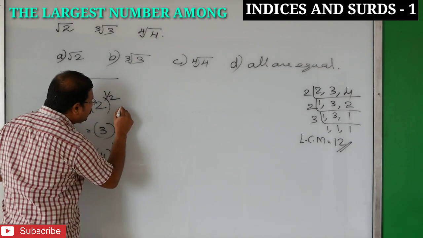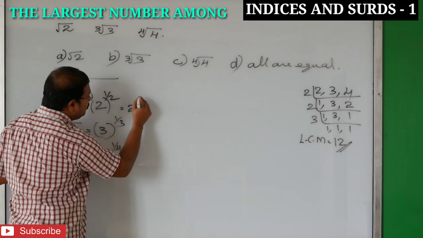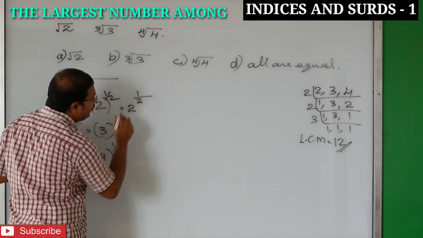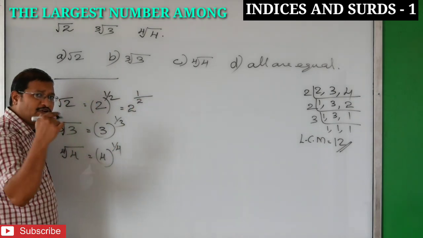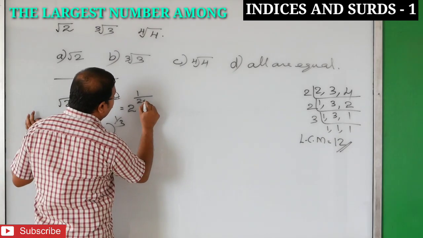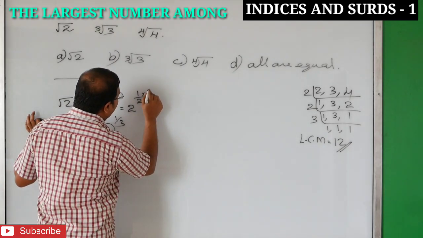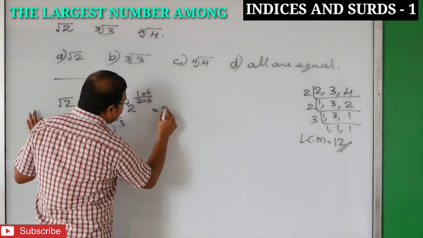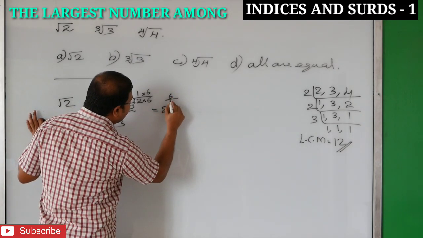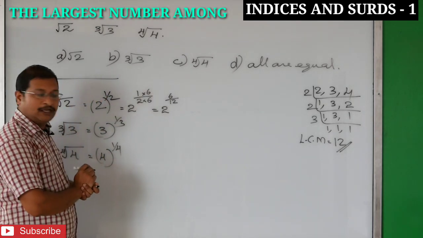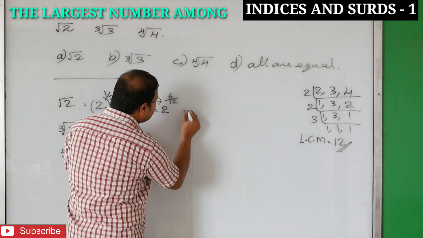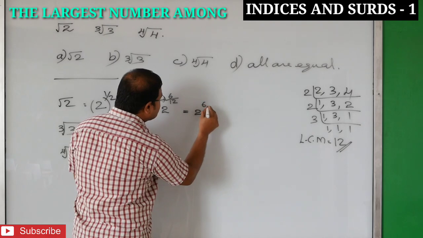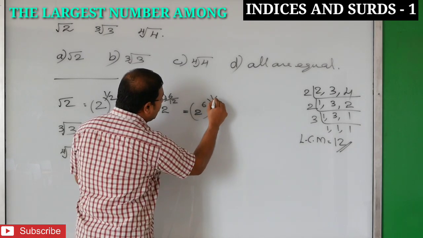To make 1 by 12, see, 2 raised to 1 by 2 is already here. If you want to make 12, 2 into how much will you get 12? 2 sixes are 12. That means we will multiply numerator and denominator by 6. Ready? That means we get this equals 2 raised to 6 by 12. And this we can write as 2 raised to 6, the whole raised to 1 by 12.